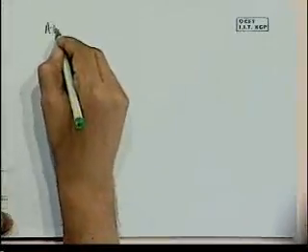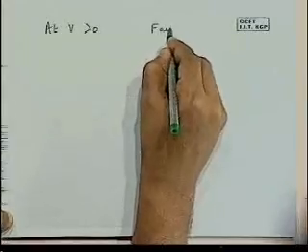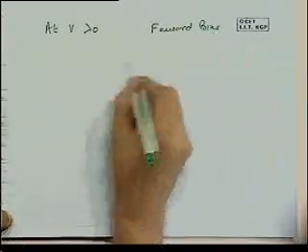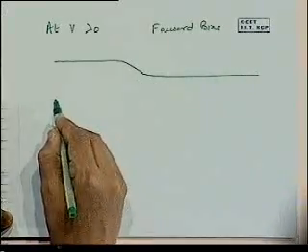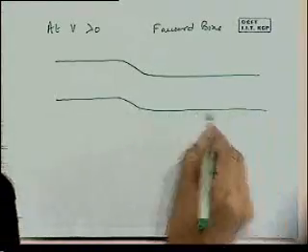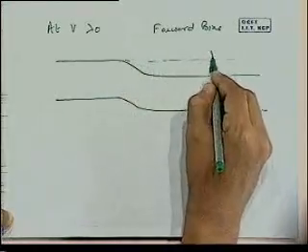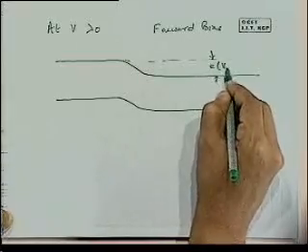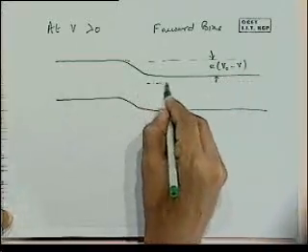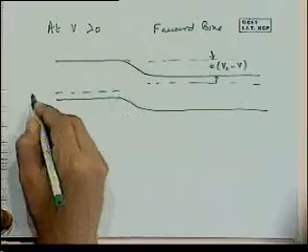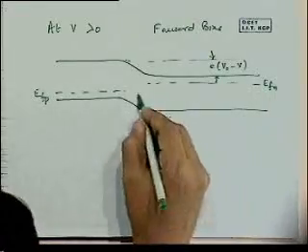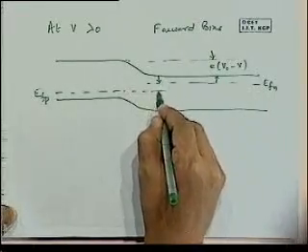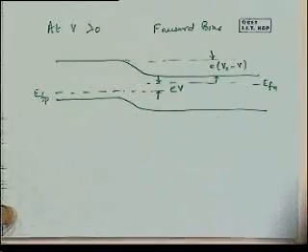Now if we show it in forward bias, we have now that the barrier has reduced to be e(V0 minus V), and the Fermi levels that we had are no longer coinciding. It's not in equilibrium anymore. And the gap between the Fermi levels here is equivalent to the applied voltage eV.